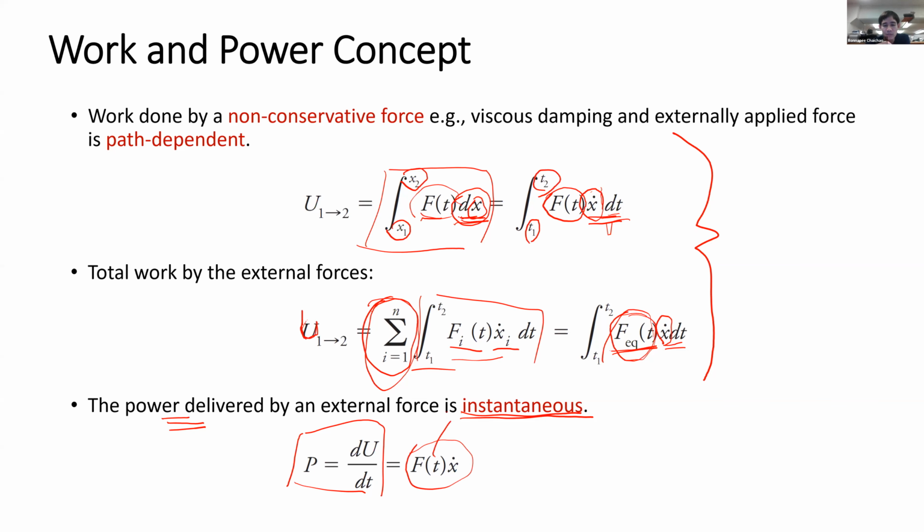Force is a function of time, the velocity is also a function of time, and at any time point, when t equals t0 or some constant, you can find a value of the mechanical power, an instantaneous property of the system.